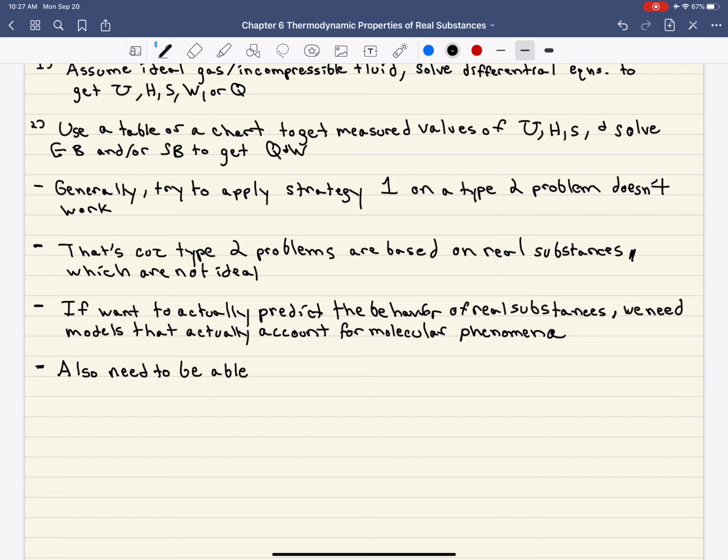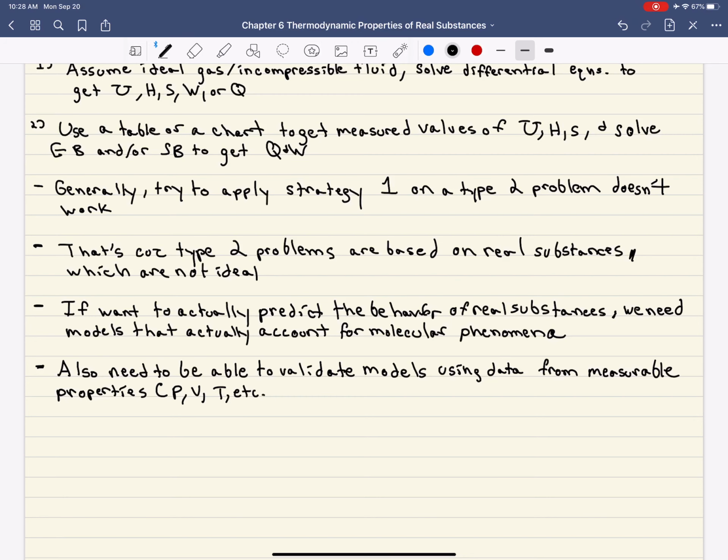And so we test if these models are accurate by doing experiments and seeing if the values predicted by the models match what we measure. And so we validate our models using data from measurable properties. So some measurable properties would be pressure, volume, temperature, etc.